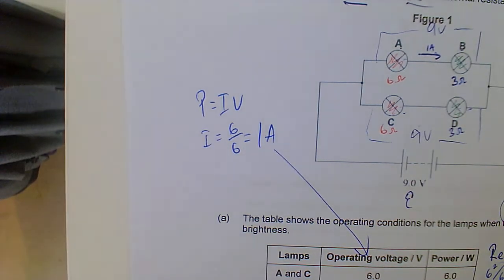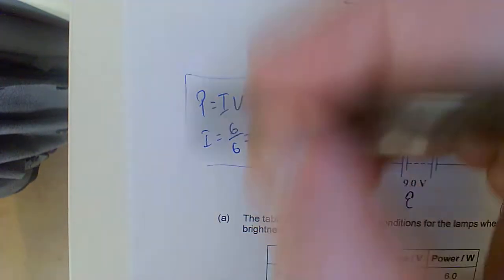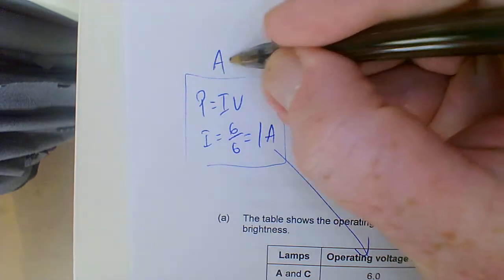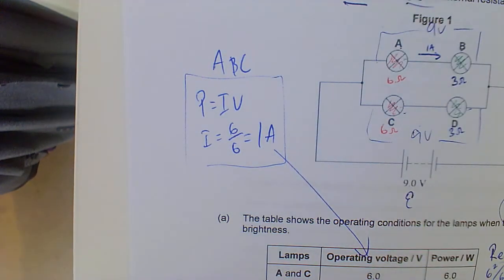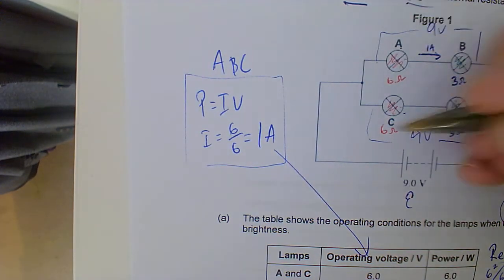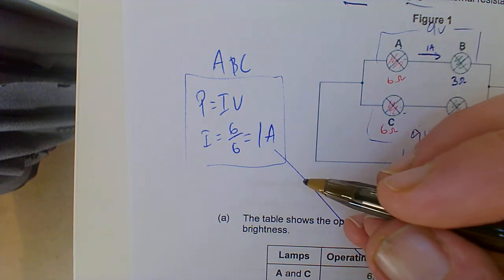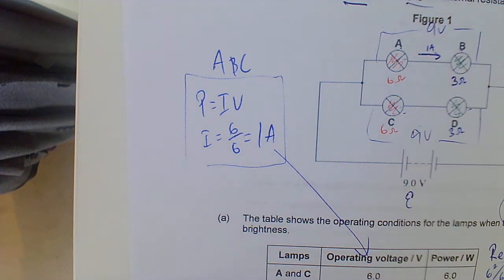Right, 1 amp, so that should suggest that A and C want 1 amp. We've got 1 amp, so A and C should be at the normal brightness. But let's just make sure.